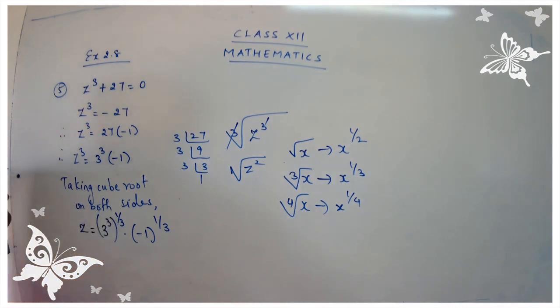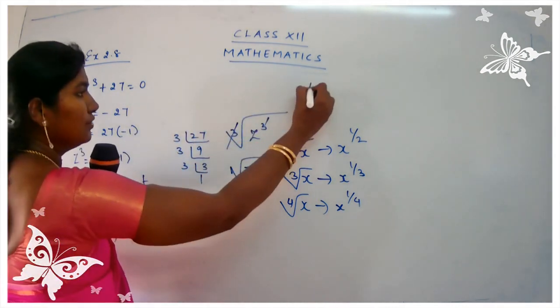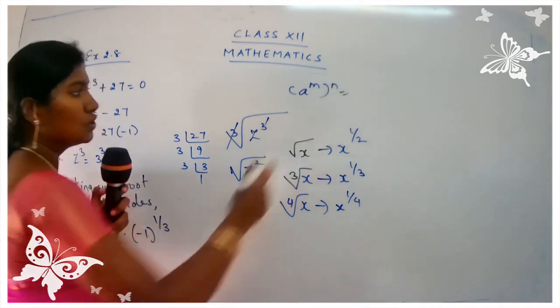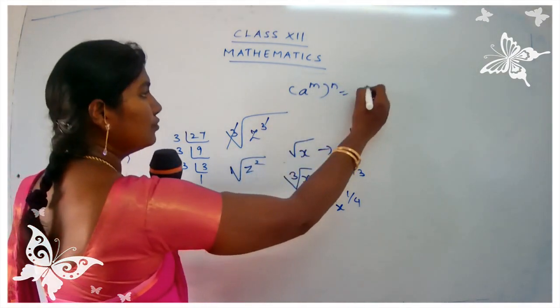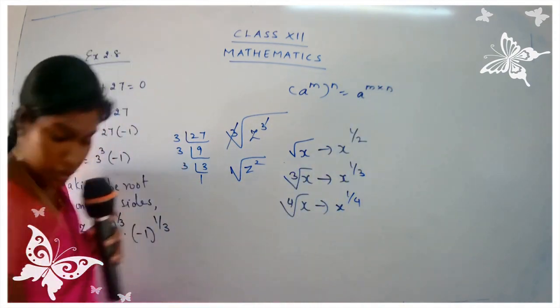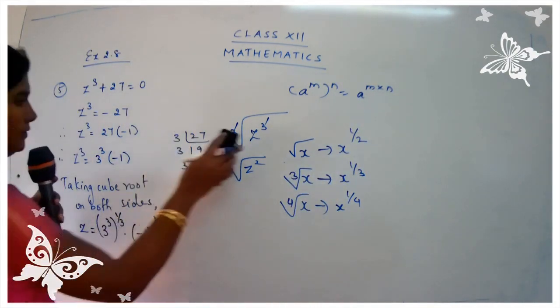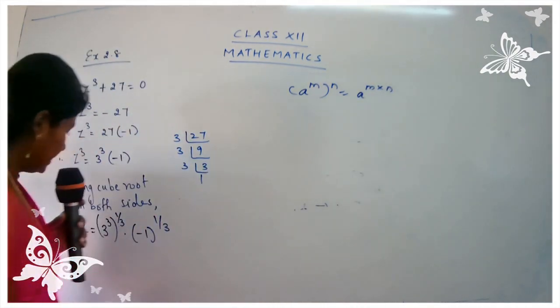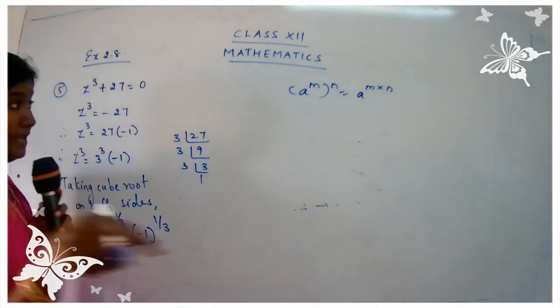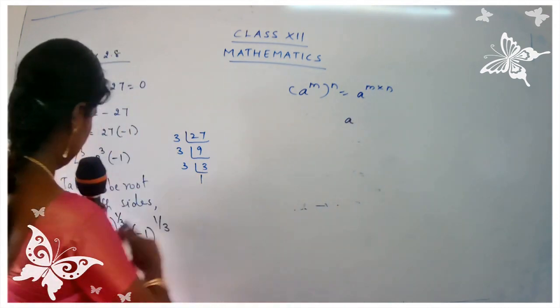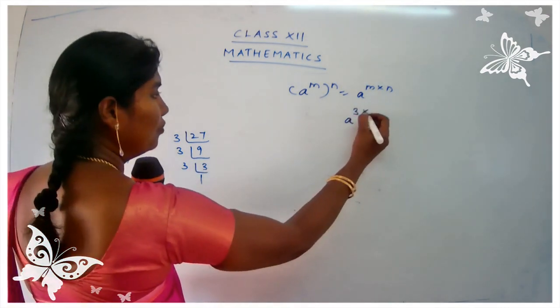3 into 1 by 3. So this is a raised to m, the whole raised to n. What is the law of indices over here? You have a raised to m into n. What is m and what is n here? M is 3 and n is 1 by 3. You get 3 into 1 by 3.